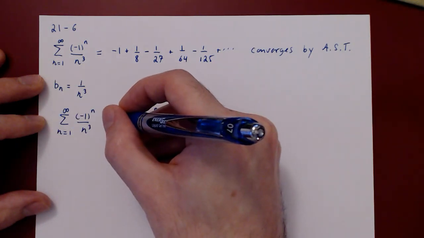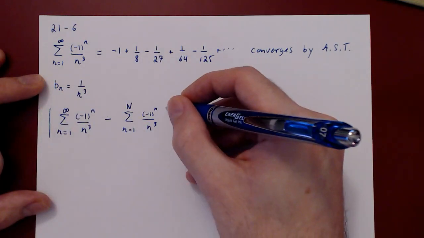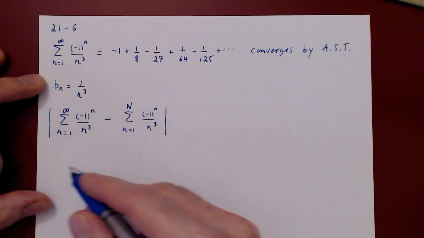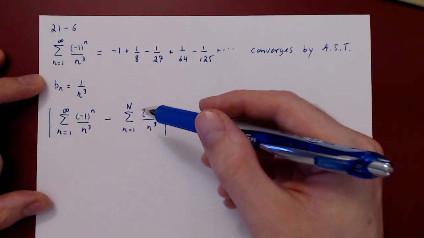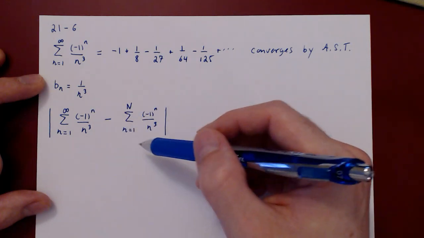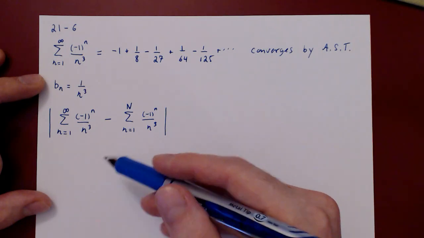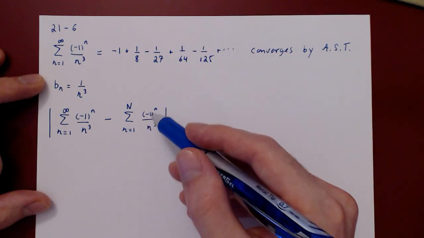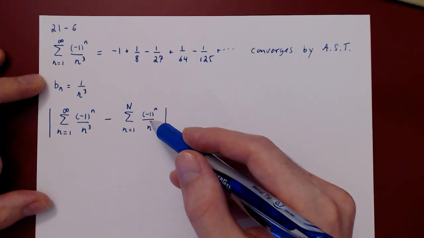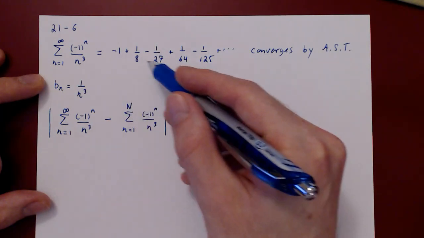So we subtract the two, and we take the absolute value of this difference. This is what we call the error of the approximation. The difference between the exact value and the approximate value in absolute value is the error, and we ask, can we quantify how good this approximation is in terms of how many terms we have summed.